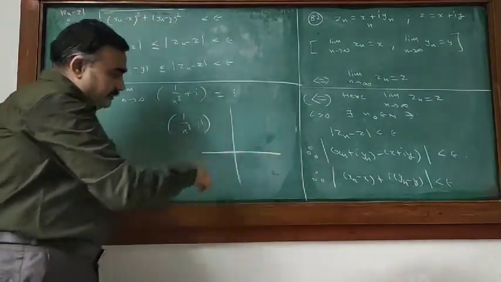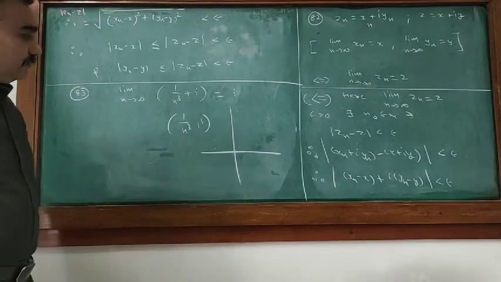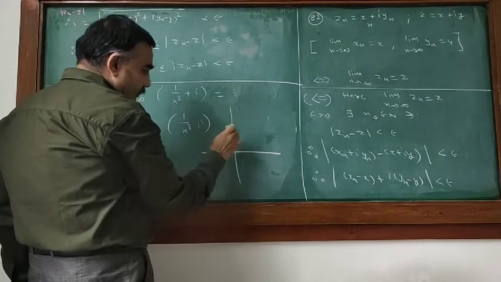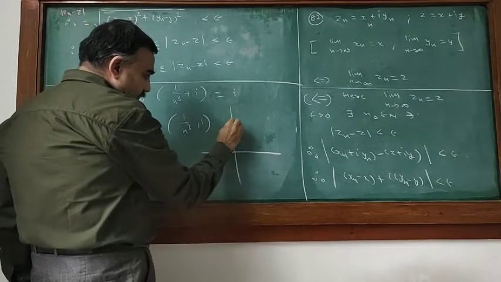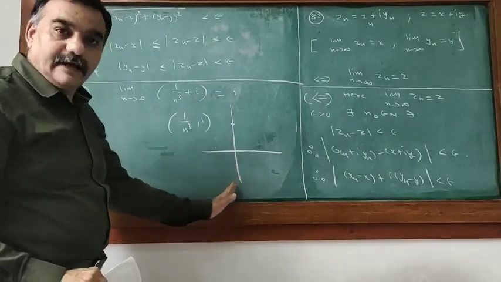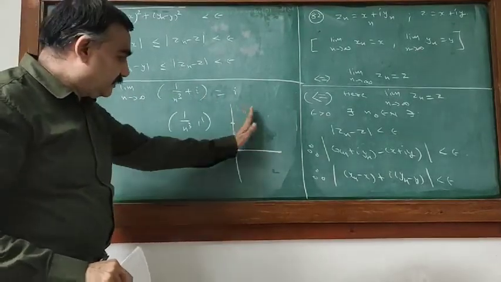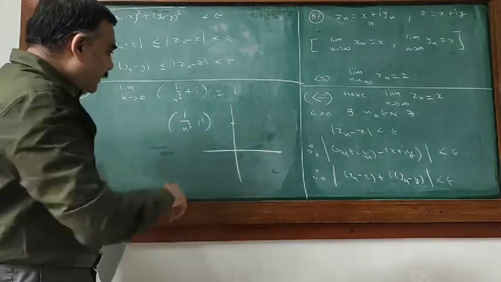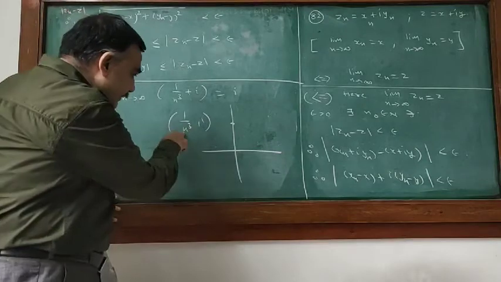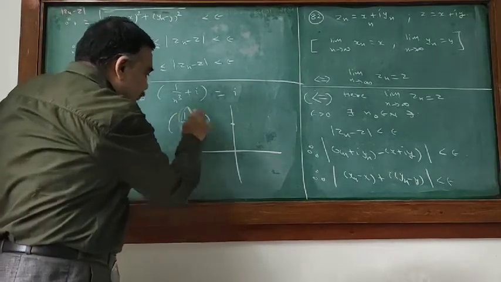So, in R2, it is somewhere in the first quadrant, but very near to the y-axis, and the y coordinate is 1. But as n tends to infinity, the x value tends to 0.